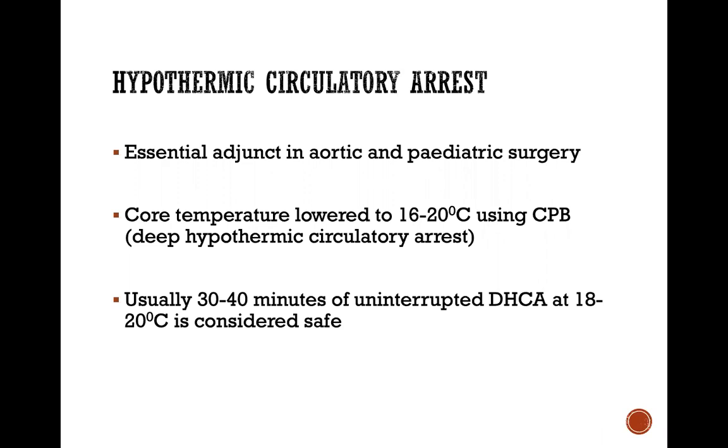But the lower you go, the more complications, especially coagulopathy, can happen post cardiac surgery, and more profound. Usually 30 to 40 minutes of uninterrupted deep hypothermic circulatory arrest at 18 to 20 is considered safe.